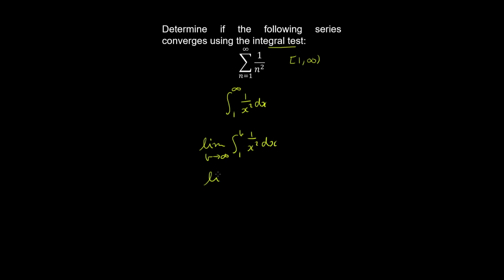And that gives the following result. And then evaluating the integral at those limits of integration, we can see that as b goes to infinity, this term goes to 0, and the limit evaluates to 1. So the series converges.